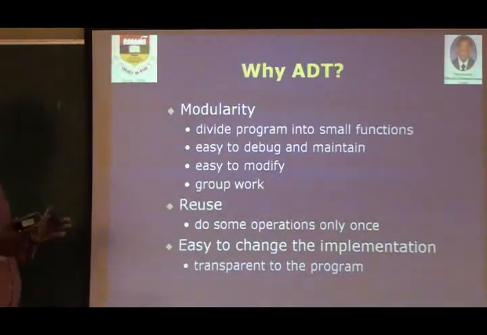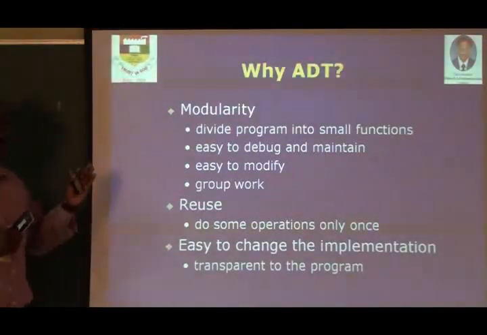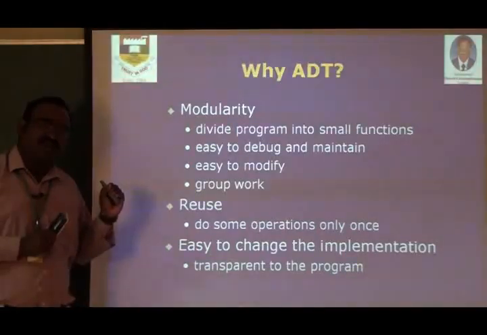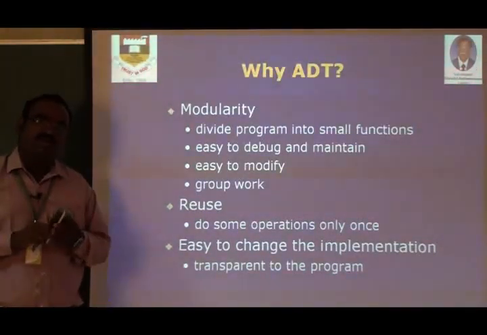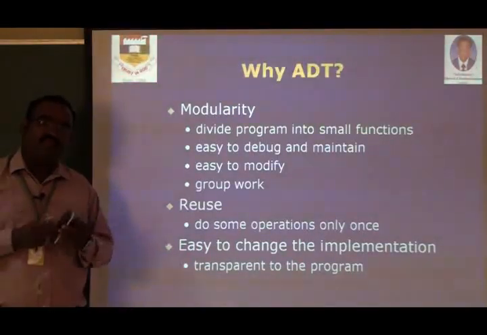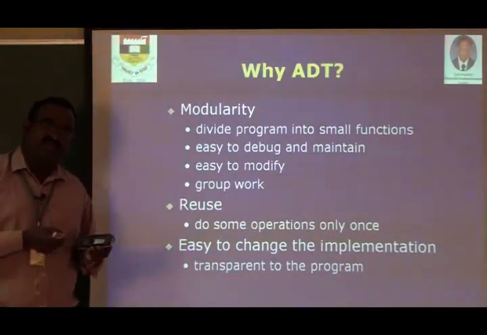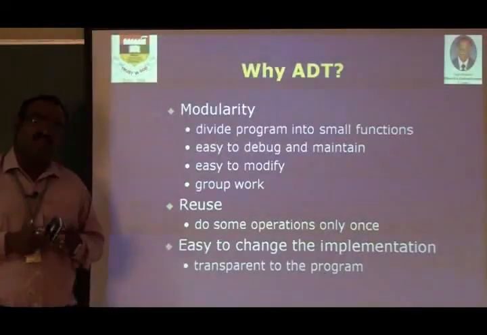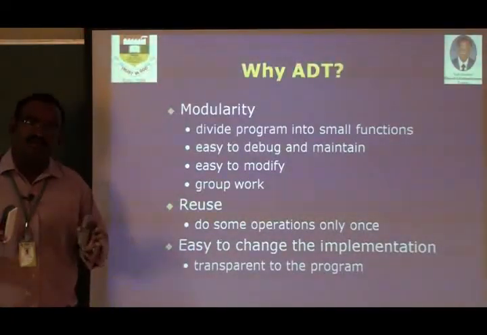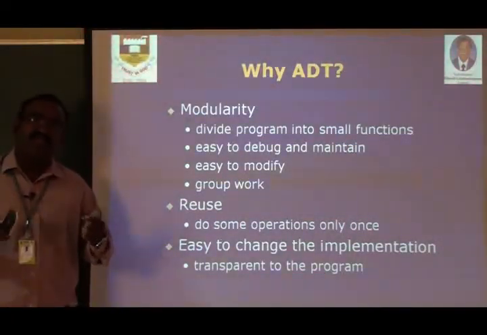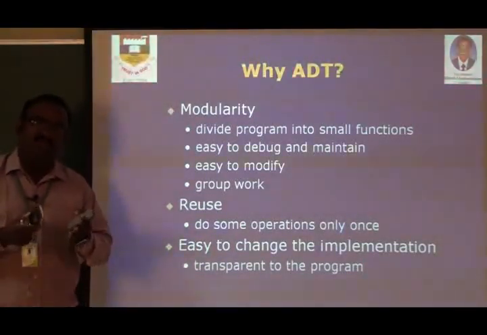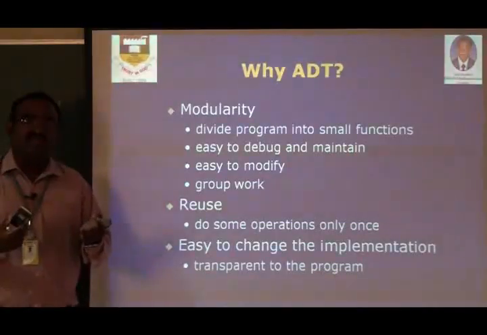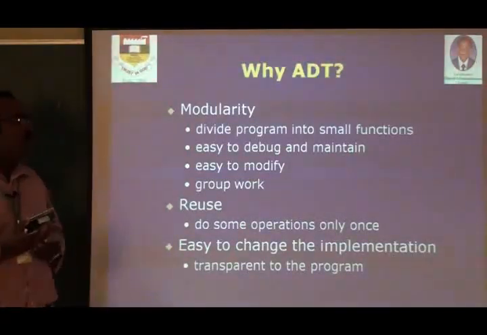Right. So why do we need ADT? Why do all programming languages provide ADT? The first very important feature of ADT is modularity. We can divide the problem. In arithmetic operations there are 4 preliminary operations: summation, division, multiplication and subtraction. So it's divided into 4 modules. Each member can develop the code for one of the 4 different things, and we can easily merge them to give a consolidated arithmetic operation.